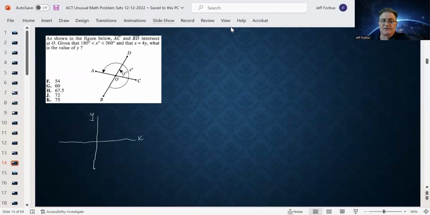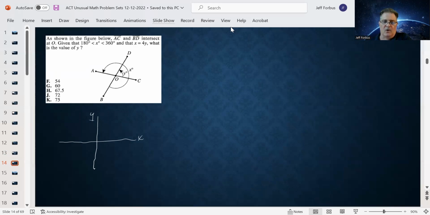There's still 360 degrees around O here, or what's called the origin. Let's read the question. As shown in the figure, AC and BD intersect at O. Given that X is between 180 degrees and 360, and that X is equal to 4y, what is the value of Y?